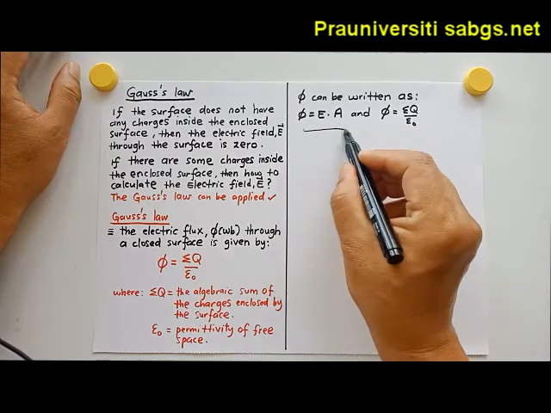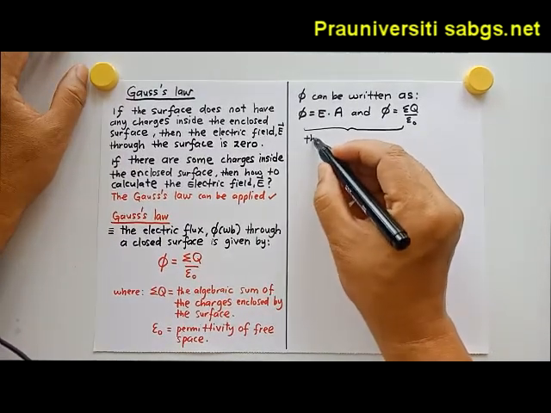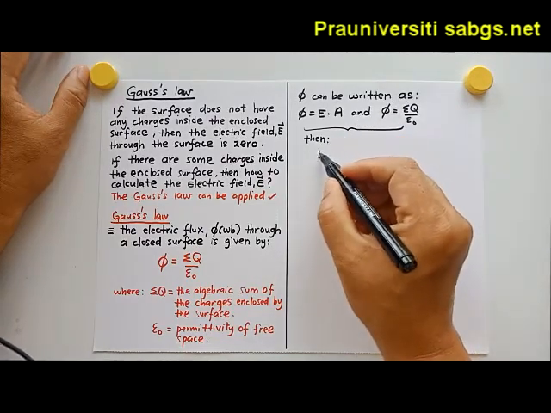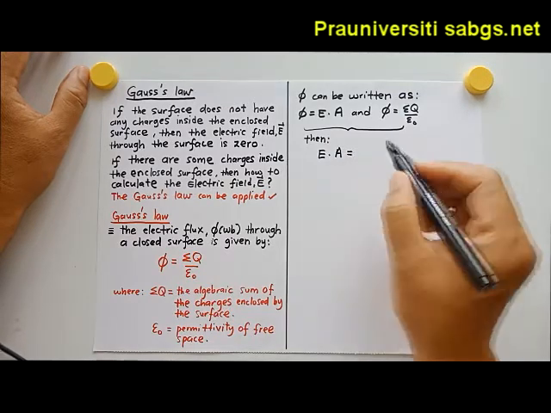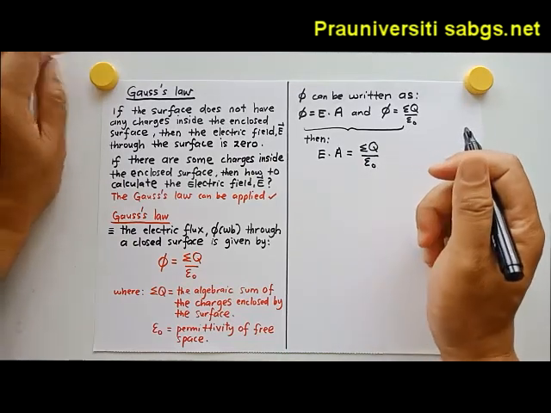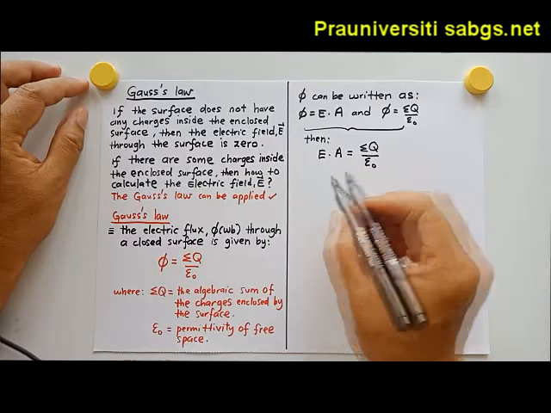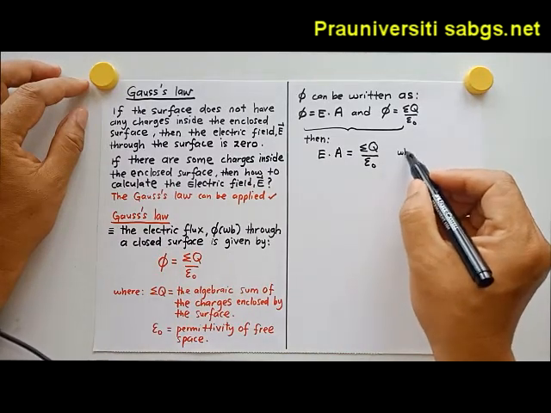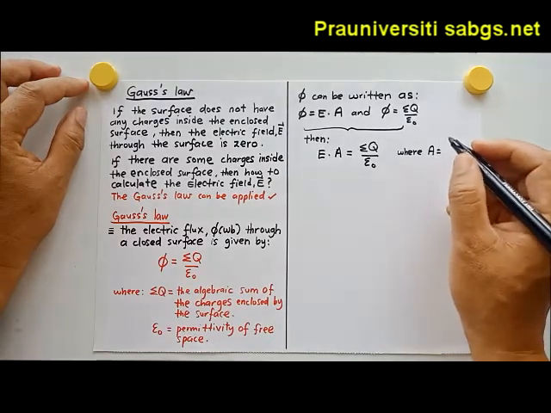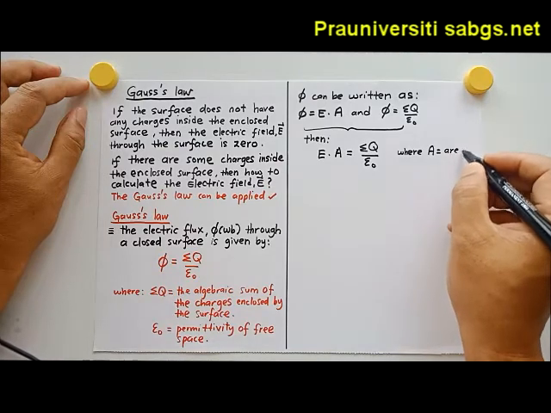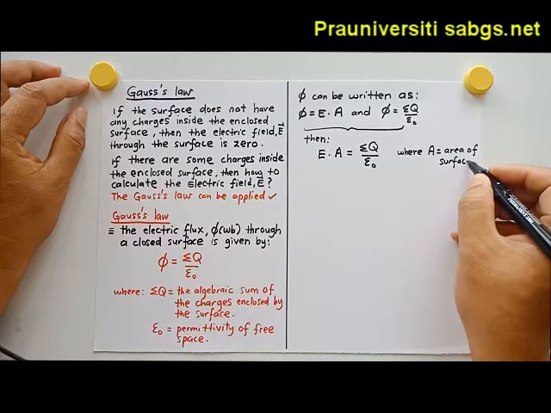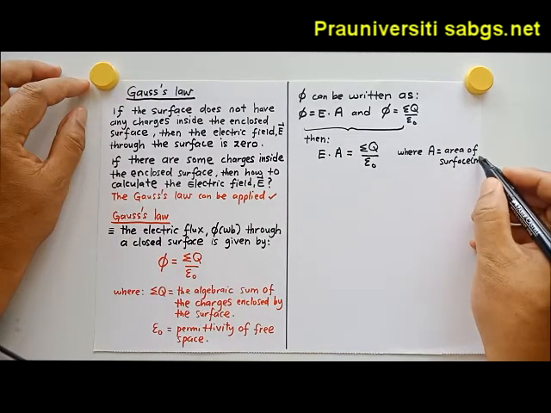So we combine these two equations, then we have EA equals the total of Q over the epsilon naught, where A is the area of the surface, the unit is meter to the power of 2.